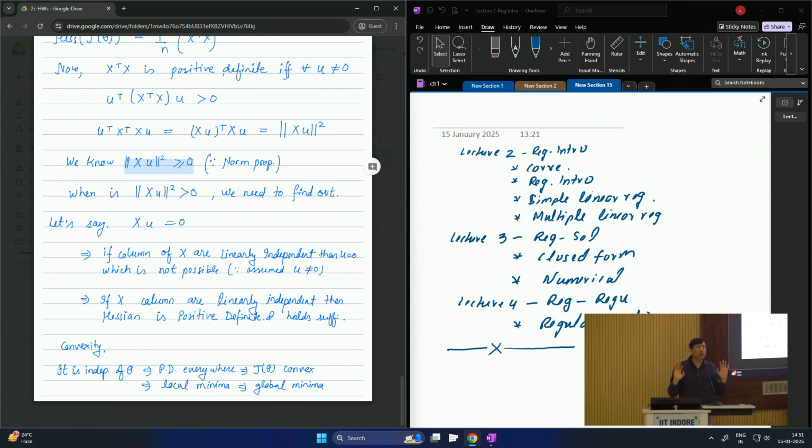Then you can't guarantee that it is a minimizer. You can't tell that, right? But whatever candidate for minimizer we found, it will definitely be global if it is a minimizer, because it doesn't require strict convexity. It just requires normal convexity. Is it making sense? Yes or no?